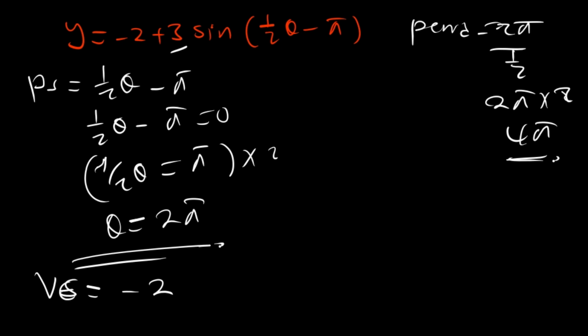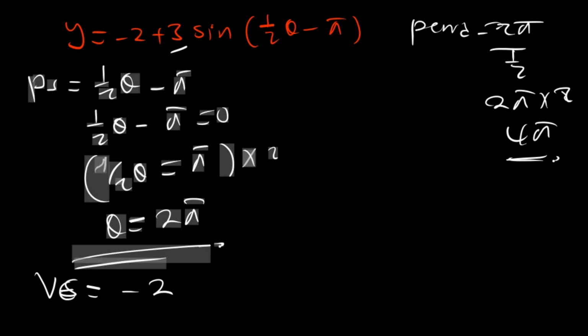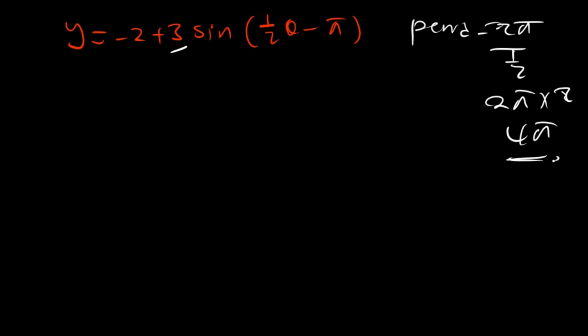So to sketch this, how are we going to sketch? The best method, guys, to use is the phase shift, which we have said is what? What is the phase shift?